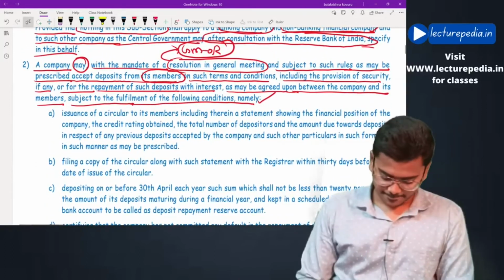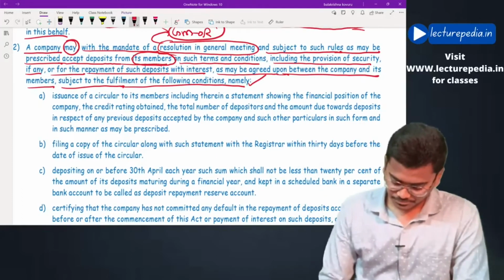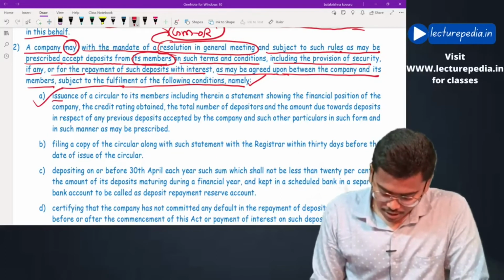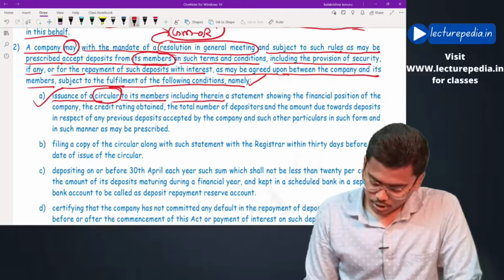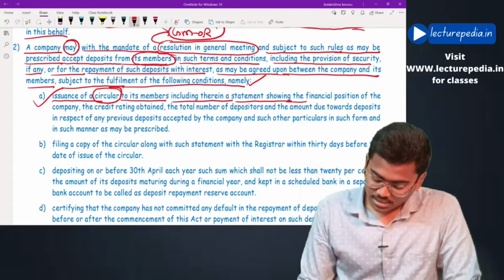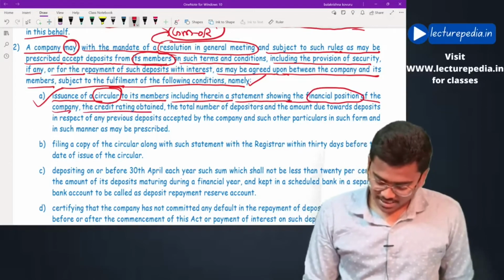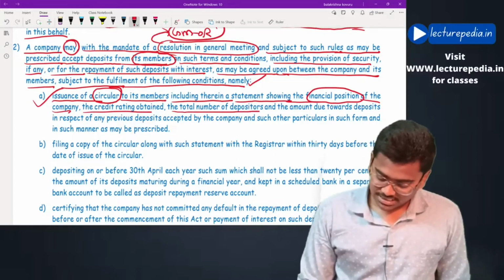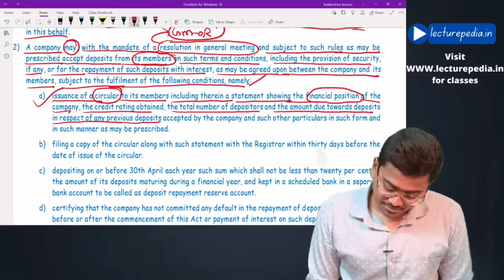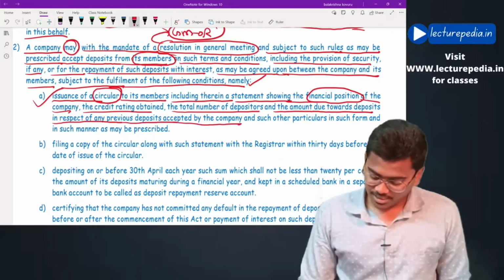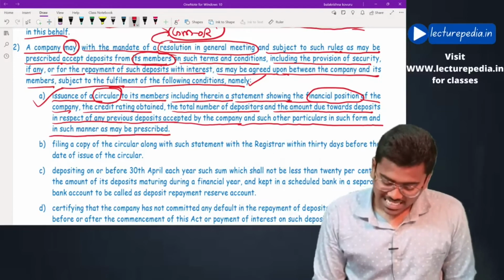See, let us see. First one, issuance of circular to its members, including therein a statement showing the financial position of the company, the credit rating obtained, total number of depositors, and the amount due towards deposits in respect of any previous deposits accepted by the company, and such other particulars in such form and in such manner as may be prescribed.